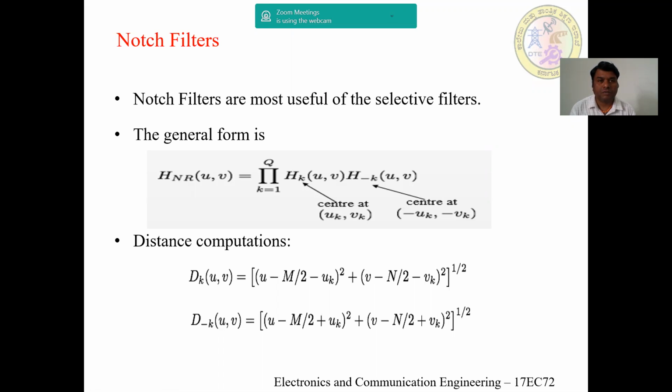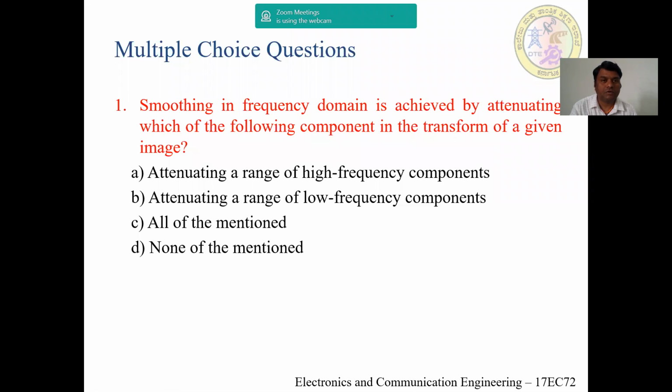Okay, this completes the notch filter. Now we will go for MCQs.